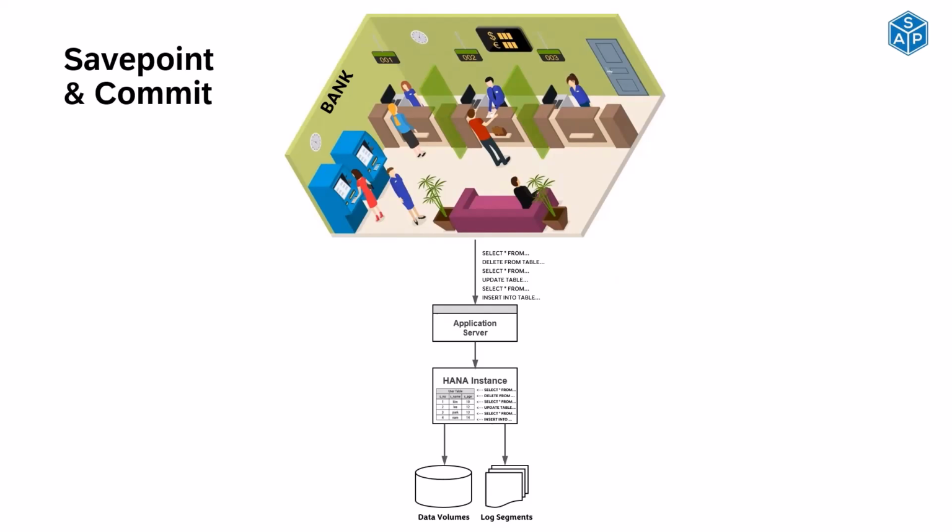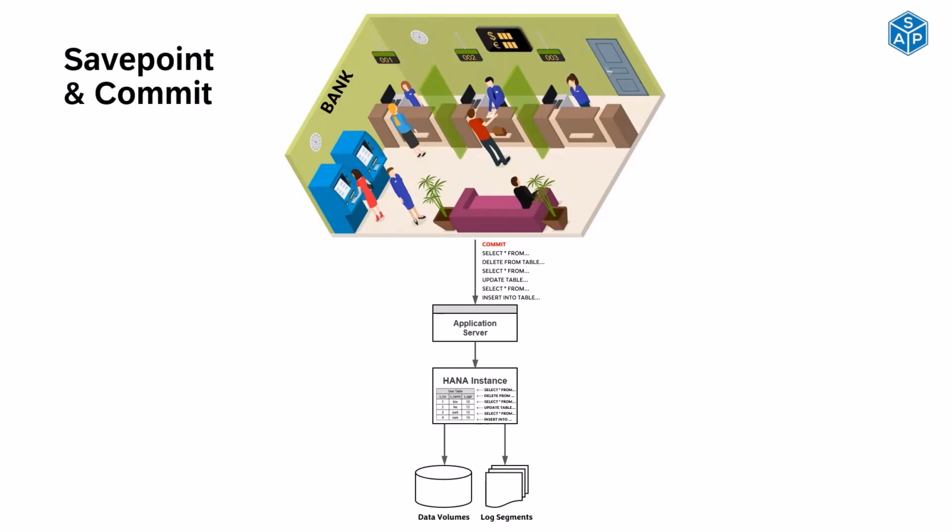Now, when a commit command is passed, you can see this red one over here, all the SQL queries which have been executed on your data set in the memory are written to the log segments. Just mark this over here. When a database instance receives a commit command, all the SQL queries which are there in the memory, in the different buffers, are handled.